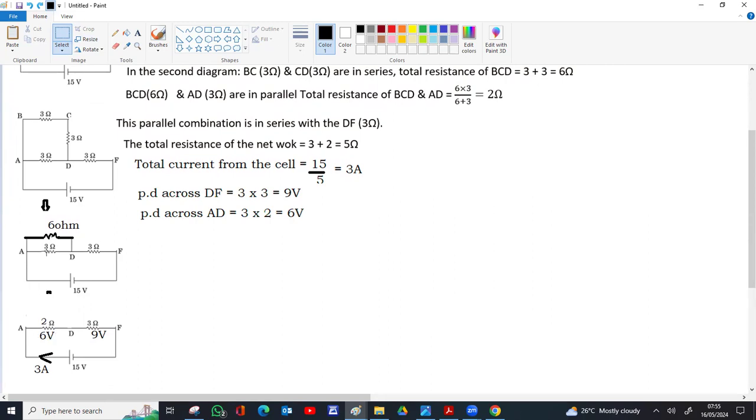Now if you look back, this 2 ohm is the parallel combination of AD and the 6 ohm, which is B, C, D. In parallel combination, the voltage remains same. That means voltage across 6 ohm, the 6 ohm which is B, C, D, has the same voltage as AD, which is 6 volt.